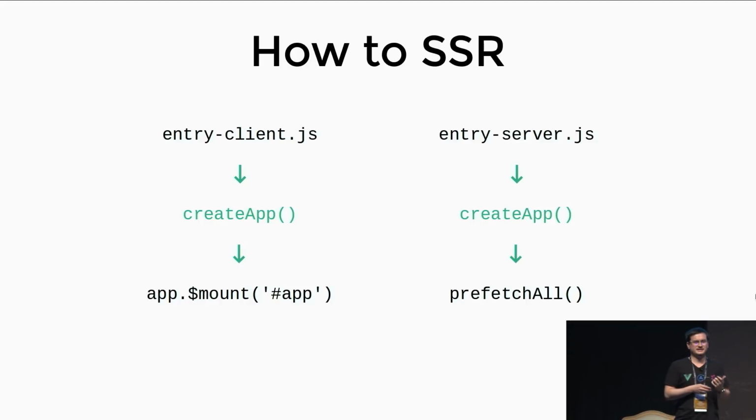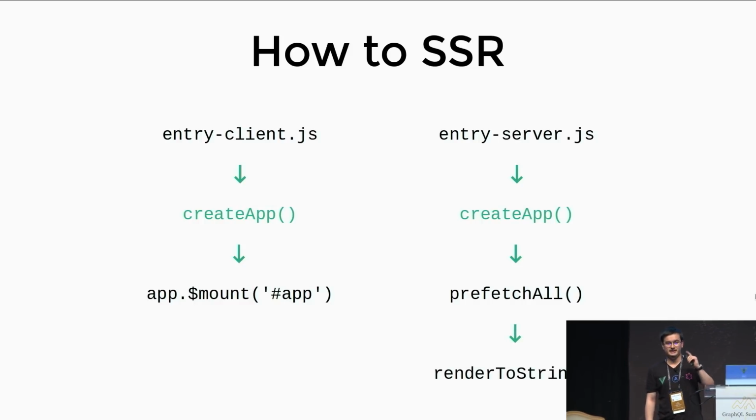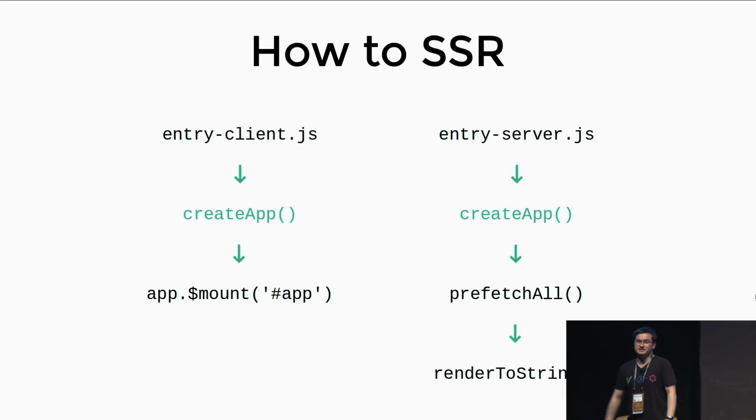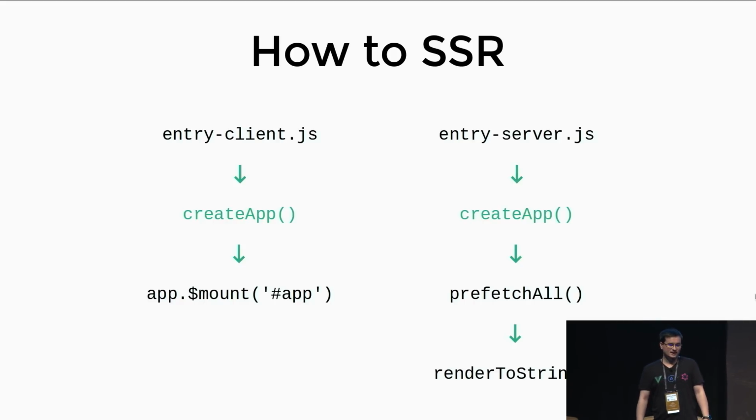But on the server, it's not possible because we don't want to render those loading indicators. So we need to prefetch everything before rendering the components. And then we finally render the app into HTML, so we can send the HTML back to the client. This is very good for a lot of things like performance and SEO. So that's why I'm talking about it.